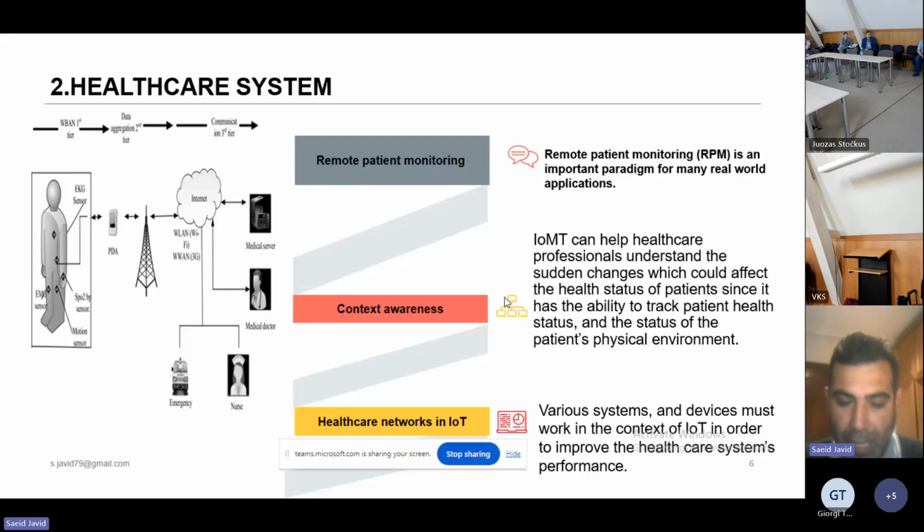Healthcare networks in IoT. Various systems and devices must work in the context of IoT in order to improve the healthcare system's performance. The IoT healthcare network is one of the critical elements in the wireless body area network.